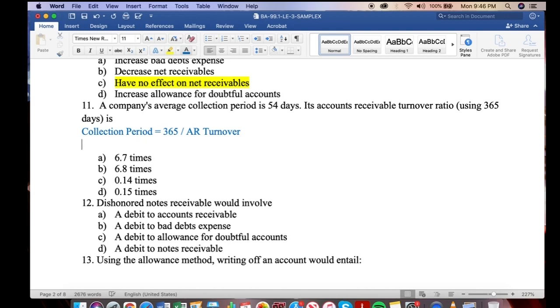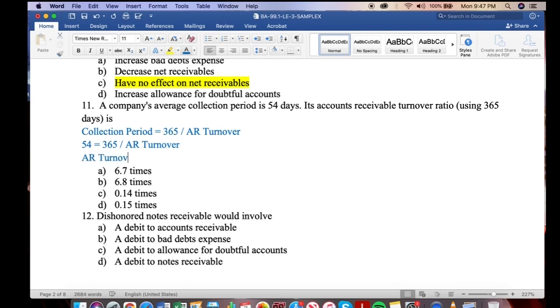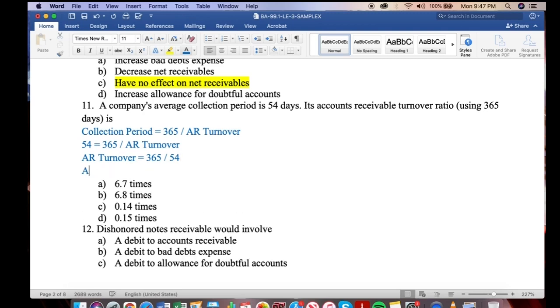Yan yung formula. Ang kaso binigay yung collection period, kasi ang hinahanap yung turnover. So, using algebra, pwede natin itong makompute. AR turnover is equals to 365 days divided by the 54. So, 365 divided by 54, we get 6.759. So, 6.8 times siyang nakakakolekta ng receivables in a year.